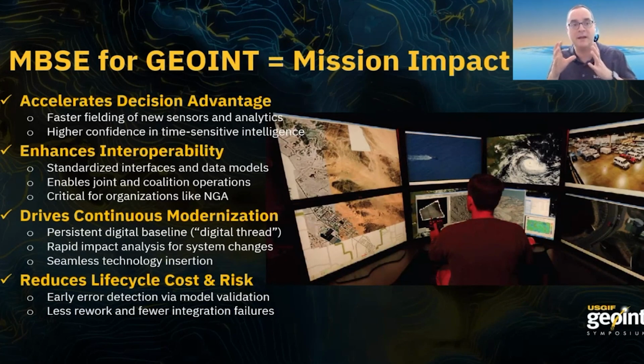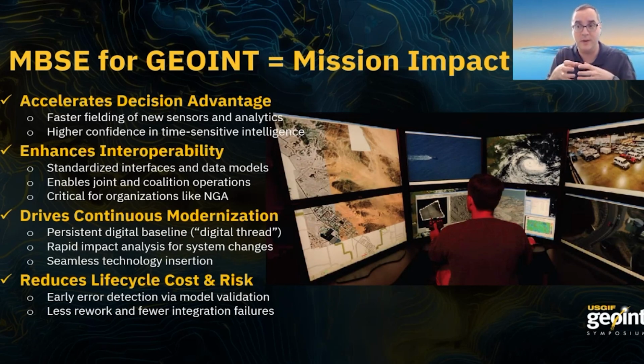So we're in a fiscally constrained environment, and government agencies like NGA and other stakeholders are going to be asked to do more with less. And we need a way for the design technology of MBSE to help the government understand what they need, how they need it, and more importantly, what resources are required to deliver in that iterative model.